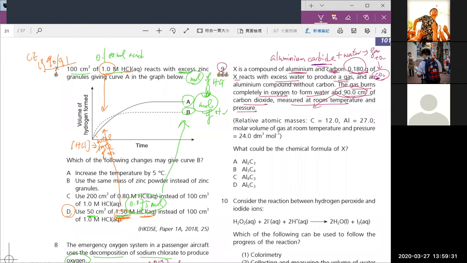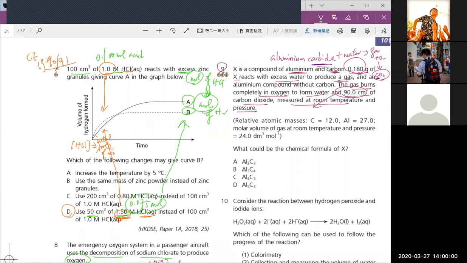Based on the 90 cm cube of carbon dioxide, what will you get? The number of moles of carbon. You use the volume of carbon dioxide to come up with the number of moles of carbon.